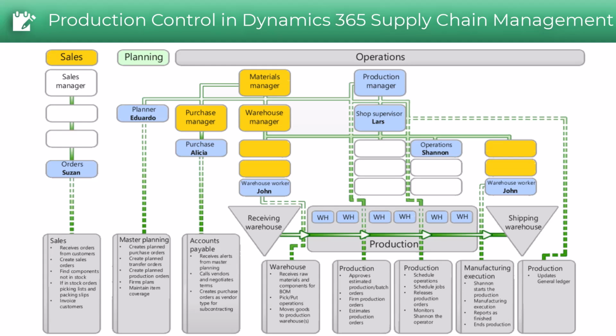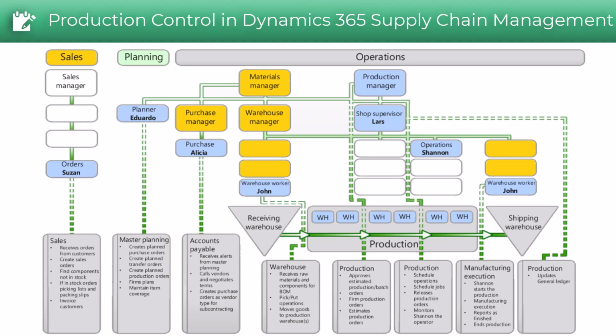So in this image you can see that on the right side of sales there is planning, and the planning team involves several steps. Next comes planning, which is managed by Eduardo. Eduardo's job is master planning.